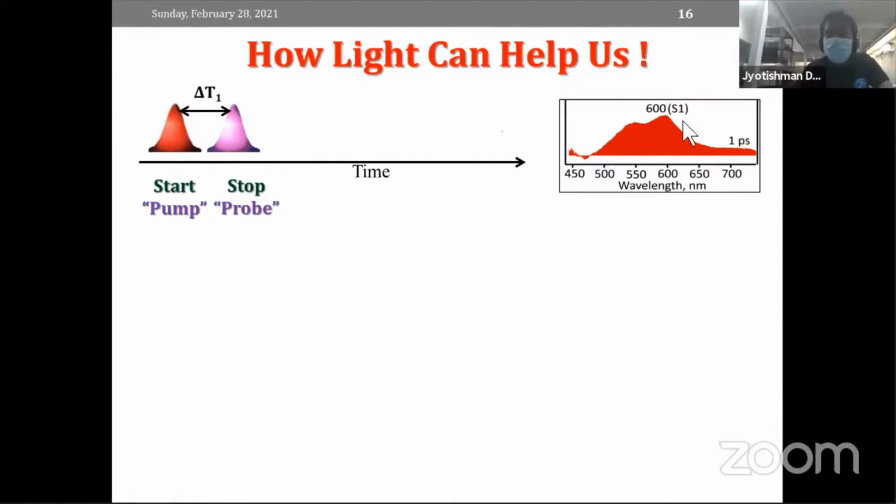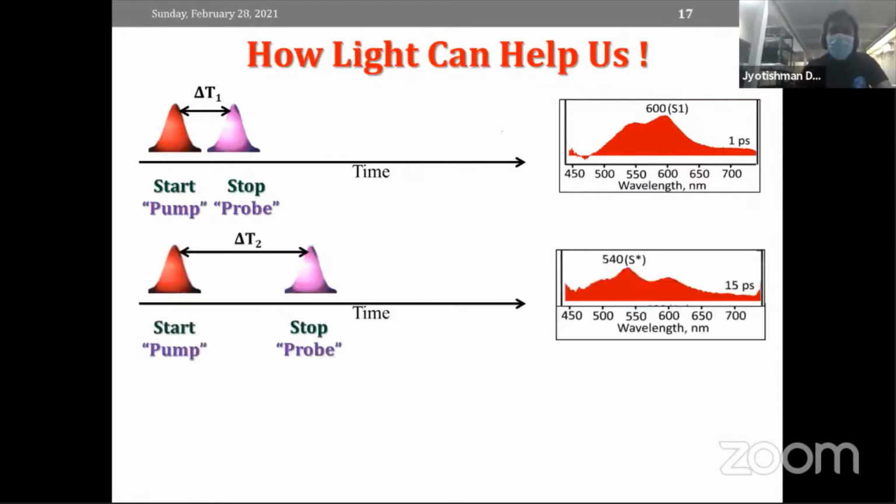In this shaded region, you can see there are some numbers which we call wavelength, and this shape is going to tell me the color of the molecule after 600 femtoseconds or 1 picosecond of the reaction starting. Then, let's say after 15 picoseconds, I am going to bring my stop again. That will record the color of the molecule after 15 picoseconds.